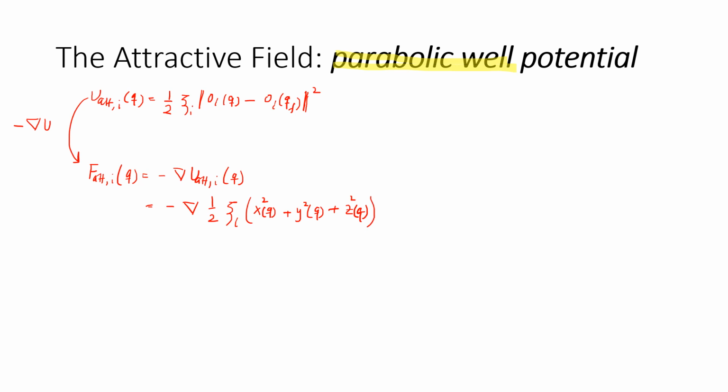So once you do that, you are going to get, once again, minus half of zeta i, and then you have this vector of partial derivatives. Let me write it better. Partial derivative with respect to x, partial derivative with respect to y and partial derivative with respect to z coordinate transposed times this function.